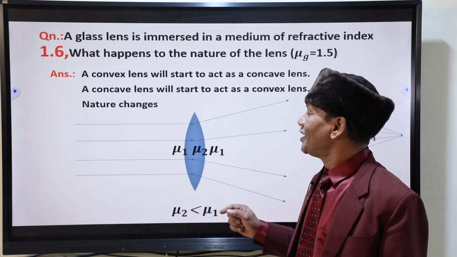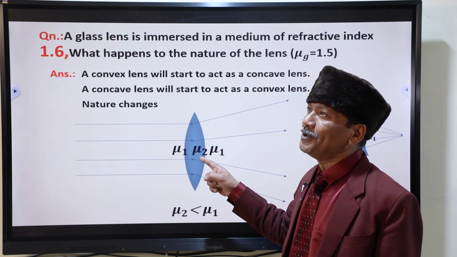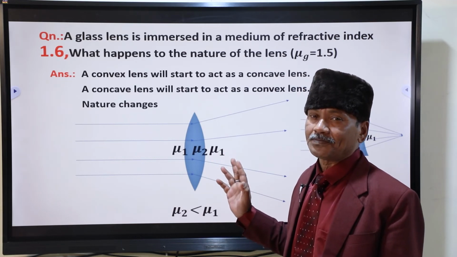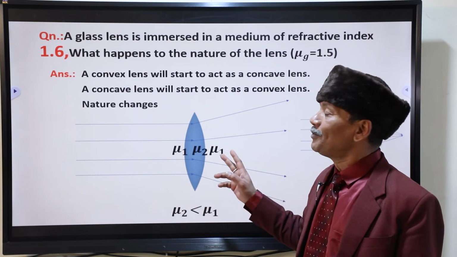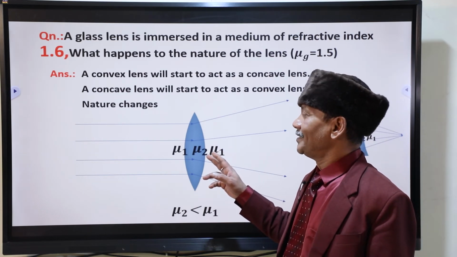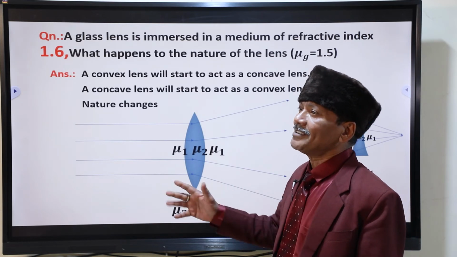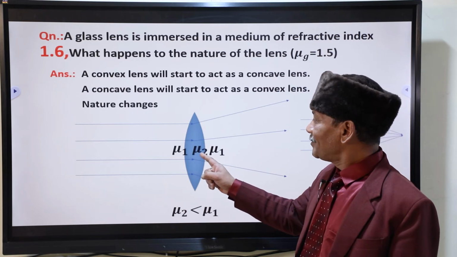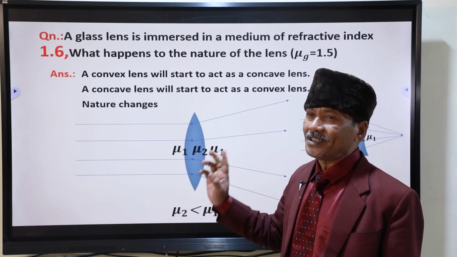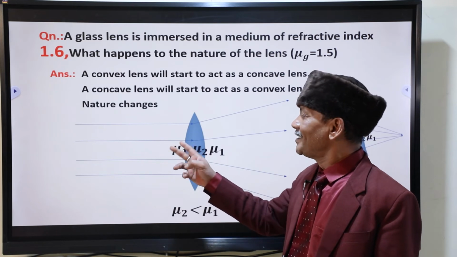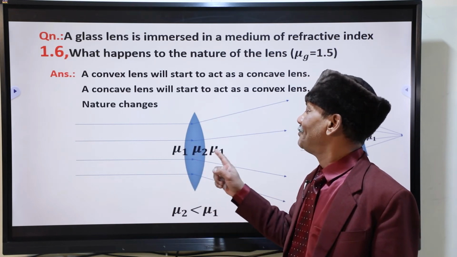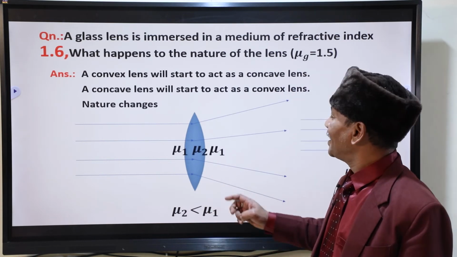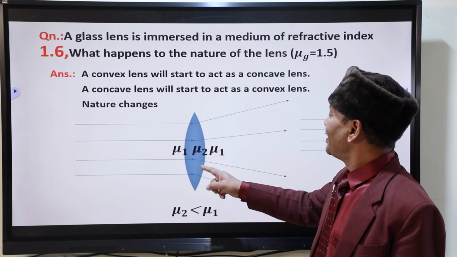You see in that formula, if mu2 is more than mu1, then mu2 minus mu1 will be positive. If mu2 minus mu1 is negative, it means nature will change. So when glass is placed in air, mu2 is more than mu1, then nature will remain the same.